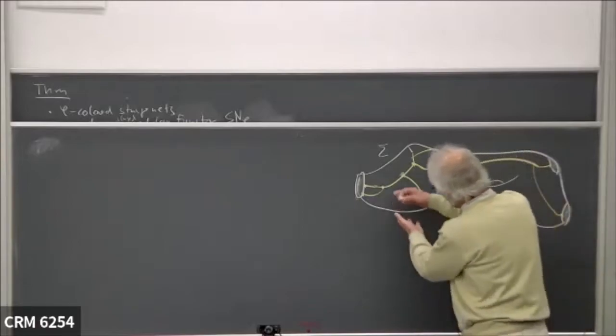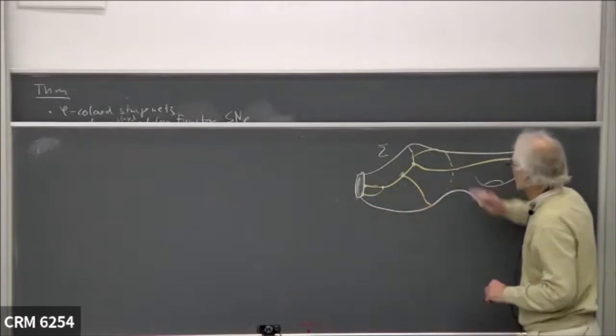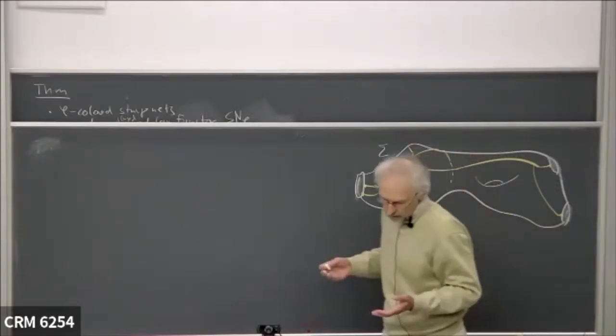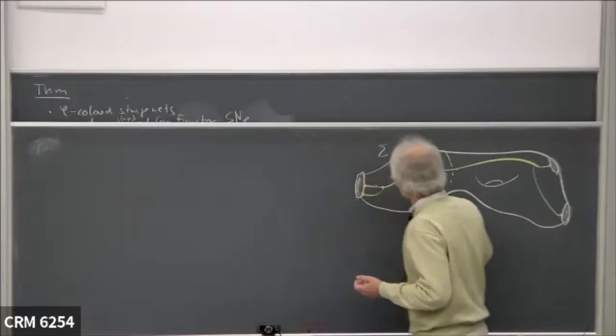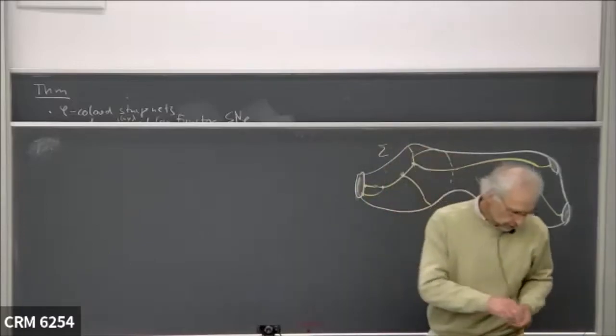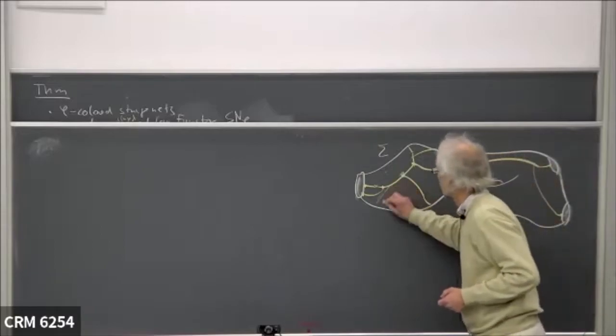And just if you think of a graph drawn on this surface, then it certainly provides a stratification where we have 0-cells, 1-cells, but we also have 2-cells, which we might want to color by something.